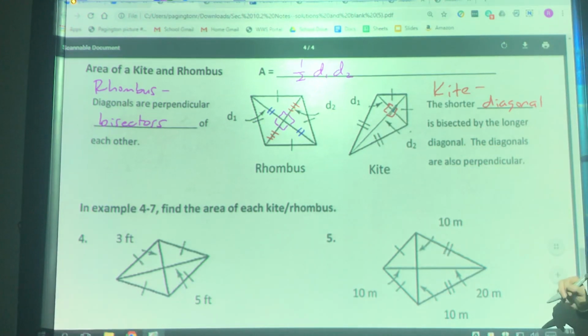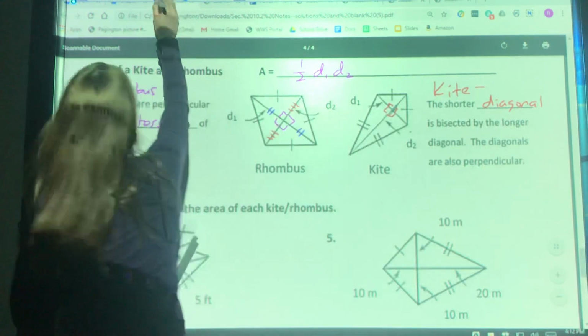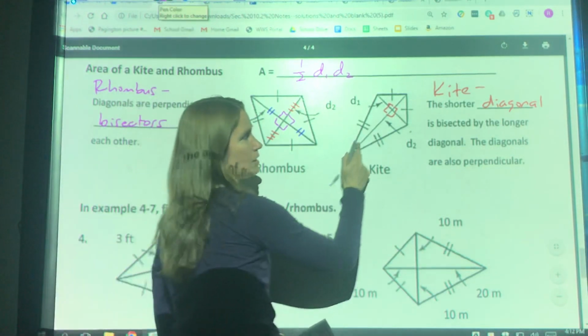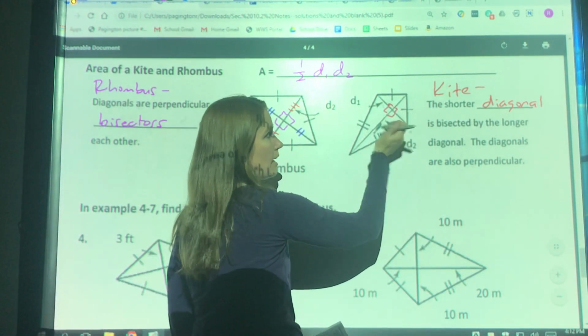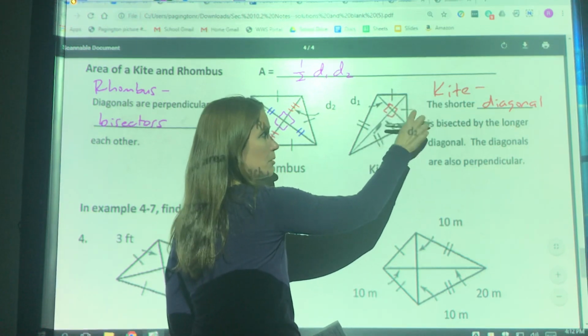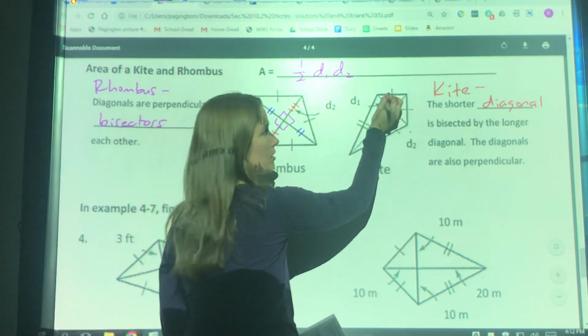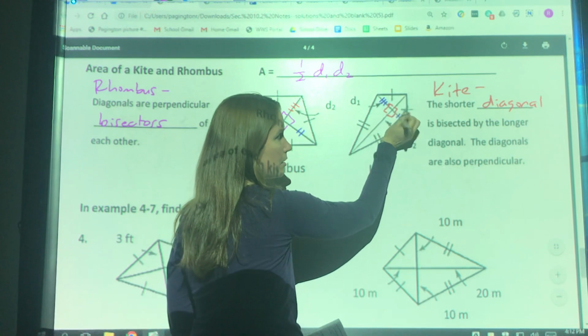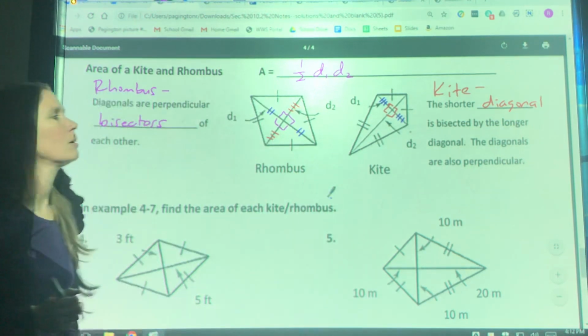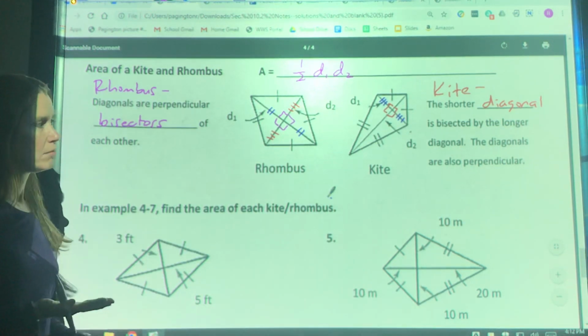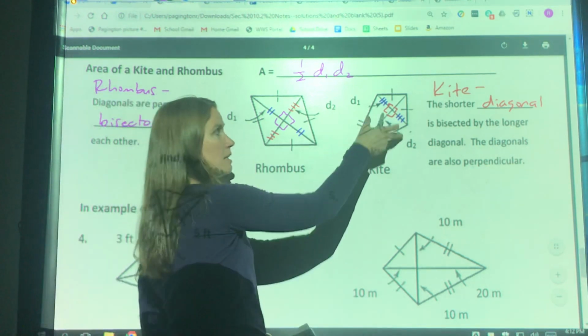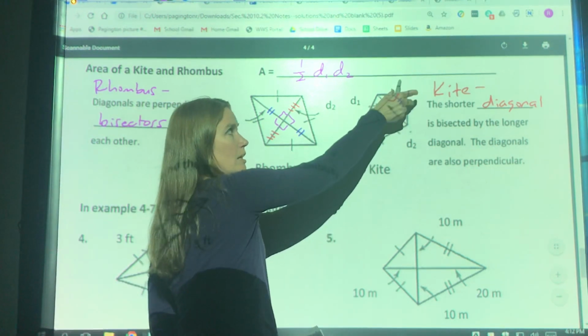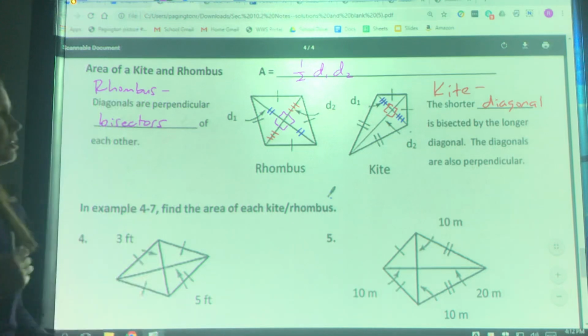And it says the shorter one is bisected by the longer one. So if the longer one cuts the shorter one in half, then I already have 1 mark here, 2 mark here. So I'm going to go 3 mark there. Okay. And again, one thing about a kite is that these 2 longer sides are always congruent, and then these 2 shorter sides are congruent to each other.